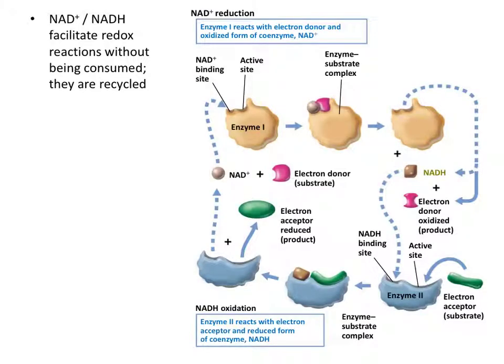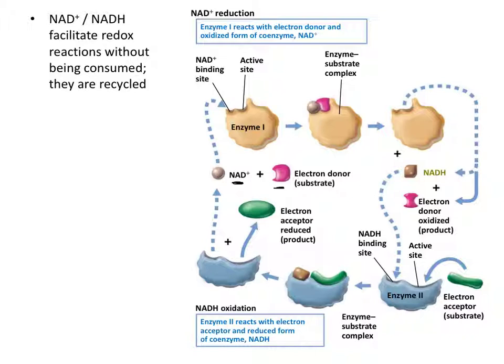Let's look at this figure from your text that shows how NAD can facilitate redox reactions and makes the point that the NAD is not itself consumed, it is in fact recycled in these cellular processes. Let's start here on the figure. Here we've got the oxidized form of NAD, NAD+. We've got some electron donating molecule or substrate.